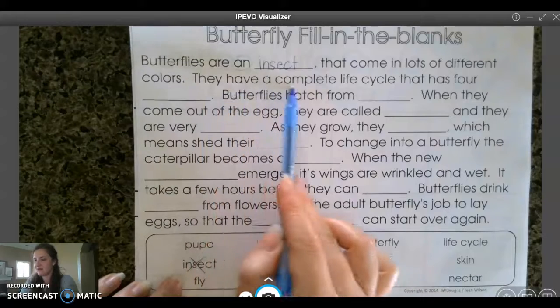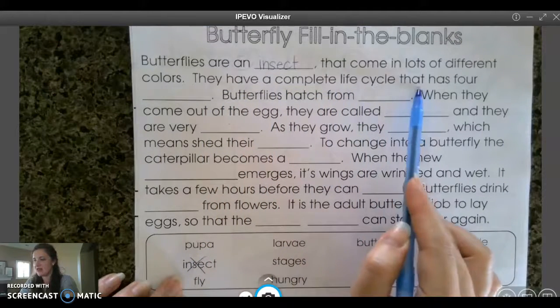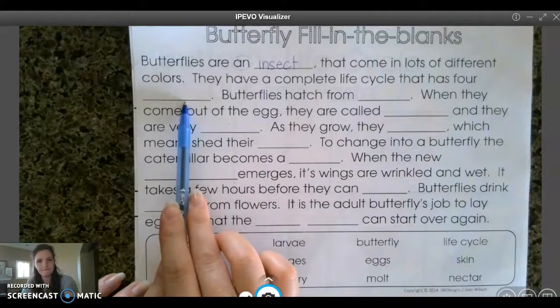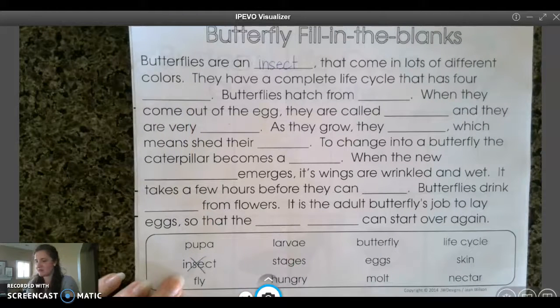They have a complete life cycle that has 4 blank. Okay. What word do you think we would be talking about? 4 blank. Well, we're talking 4. That's more than 1, so it's going to be plural. And I see 2 plural words. I see stages and eggs.